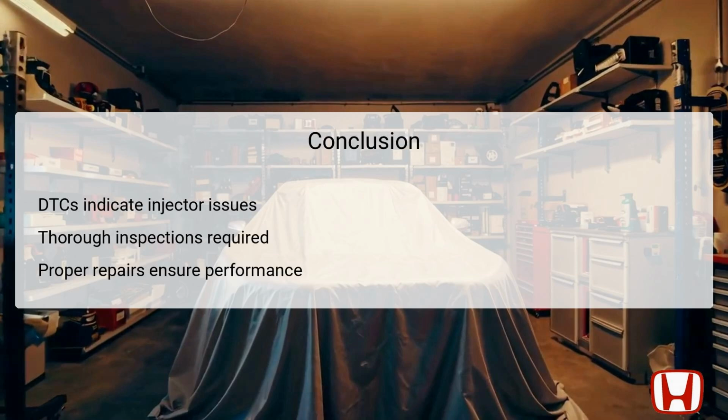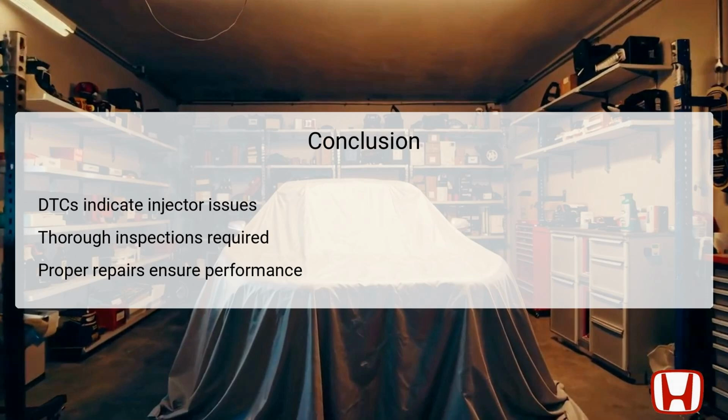In summary, DTCs P0201, P0202, P0203, and P0204 directly point to injector circuit malfunctions in the 2023 Honda Accord. Understanding the diagnostic steps can significantly aid in identifying the root cause, whether that involves the injector itself, power supply issues, or the PCM.